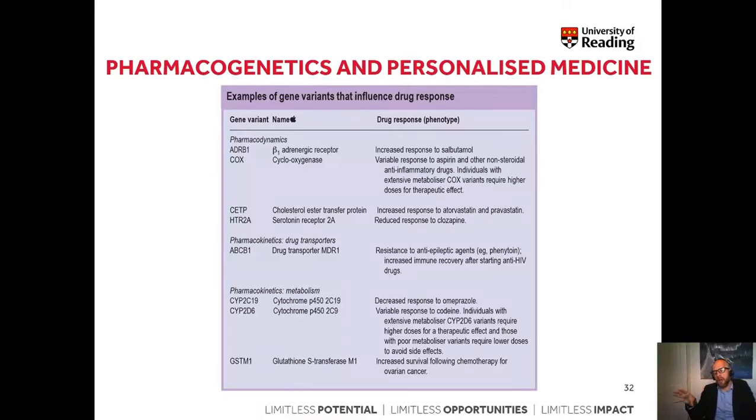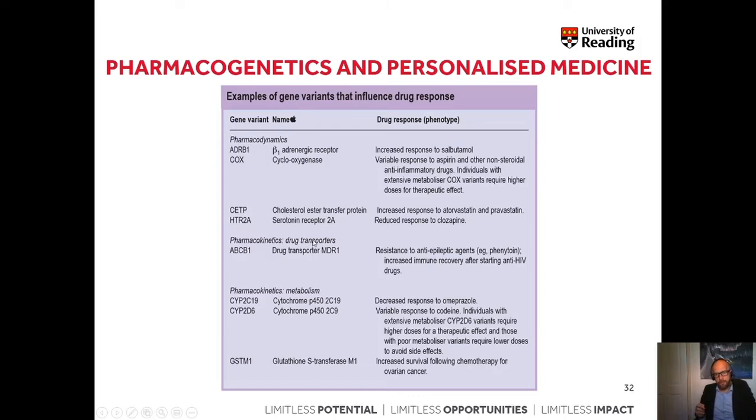So why do we have patients that are able to metabolize drugs fast, slow, or normally? As you can see here, we can have very different causes. We can have certain gene variants in a patient that are actually causative for those different rates of metabolism. In this table you can see a few examples of genes that affect metabolism of drugs quite severely.